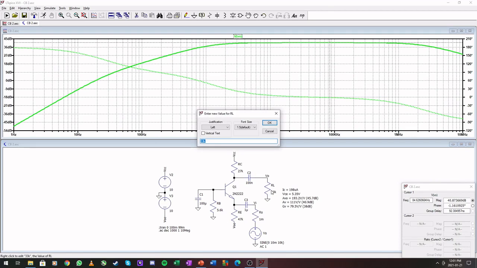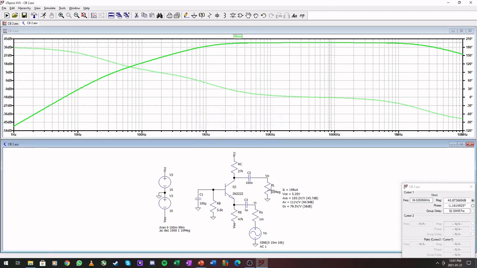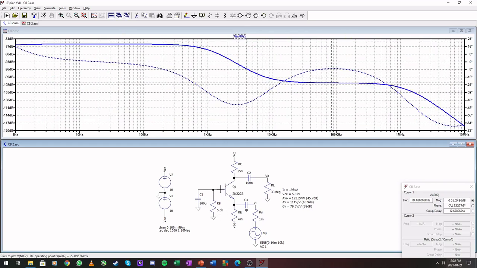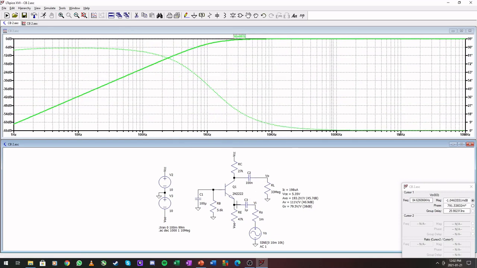And lastly, our AV0 at 45.8. And this is 45.7 dB. Okay, so again, the calculated and simulated values are very close to one another, and this amplifier does check out. Okay, that's it for the common base simulations.